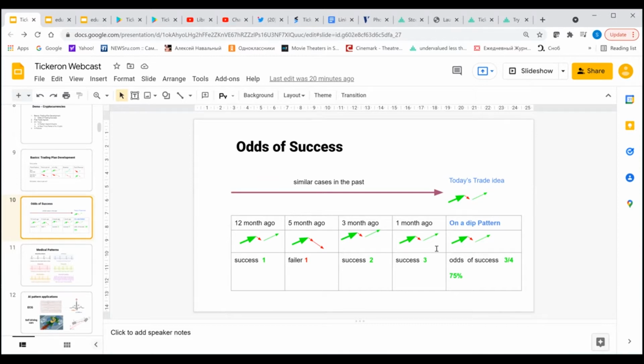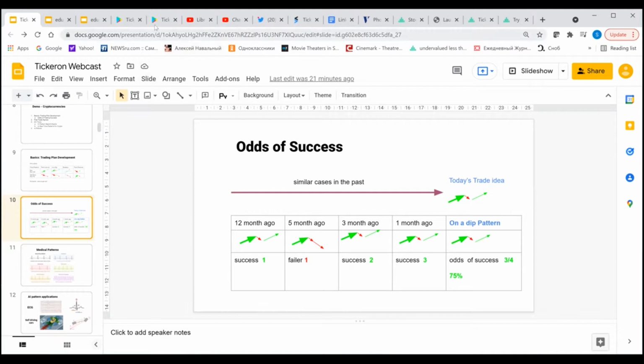That idea was one success, failure, success, success. So we say, okay, 3 out of 4, it was 75% odds of success. That's the simplistic approach of analyzing the backtesting, and it's important because we use it all over our presentation as well as the website.